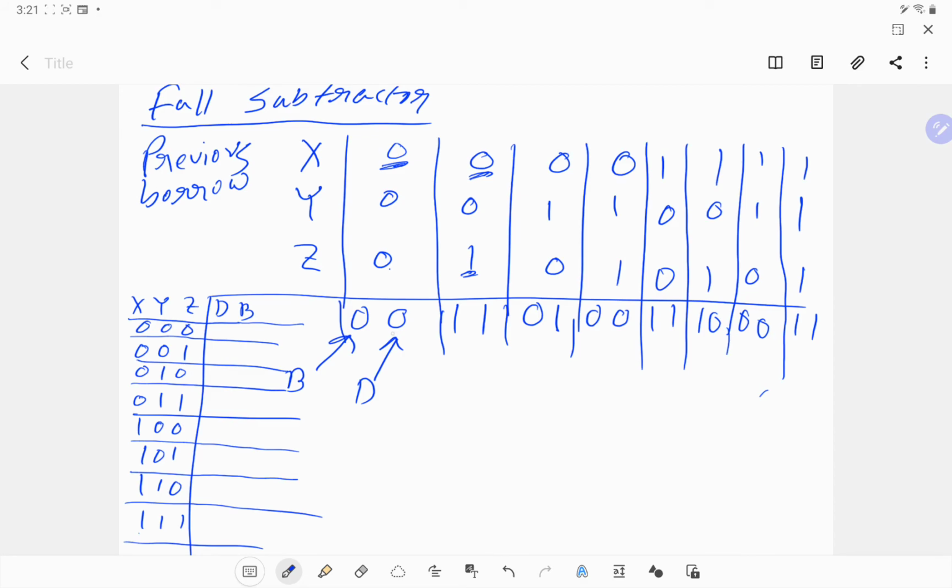So difference is 0 1 1 0. Then 1 0 0 1 1 0 0 1, and the borrow is 0 1 0 0. 1 1 0 1. Okay, so we got the truth table.